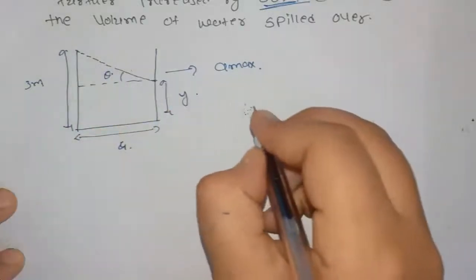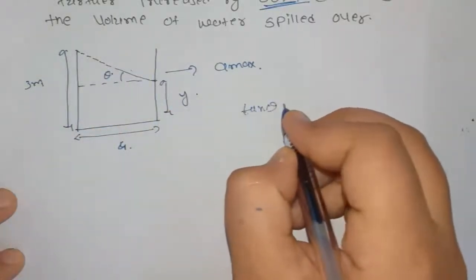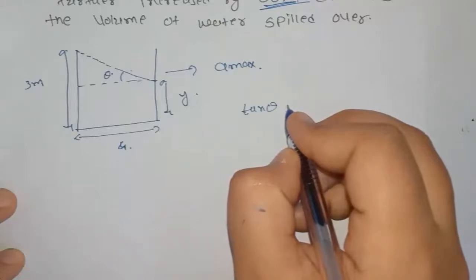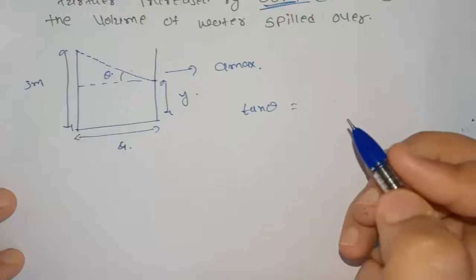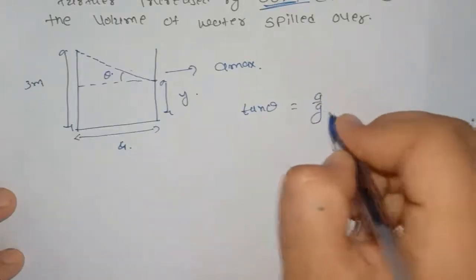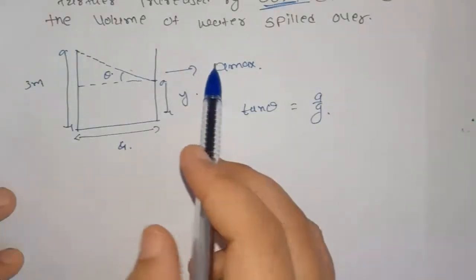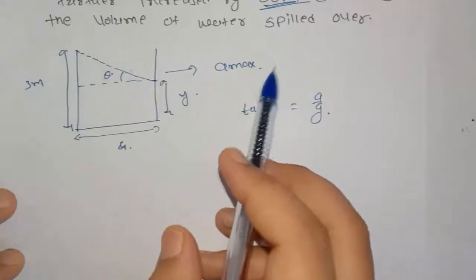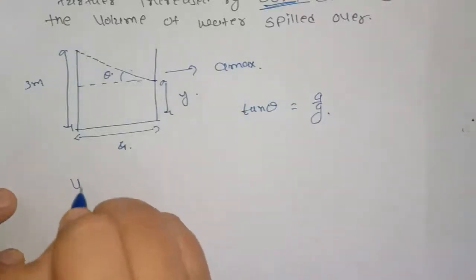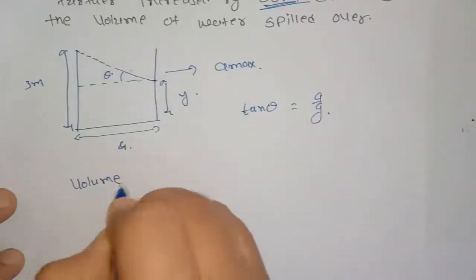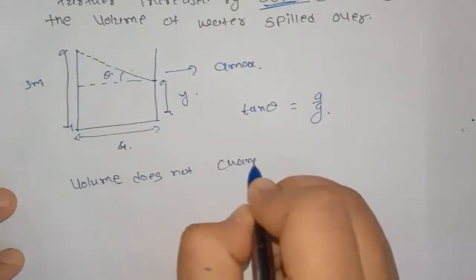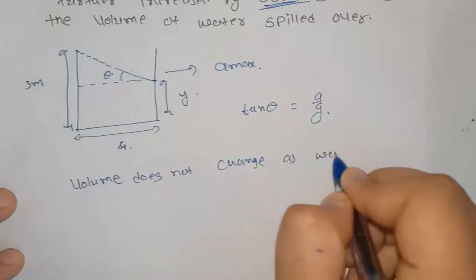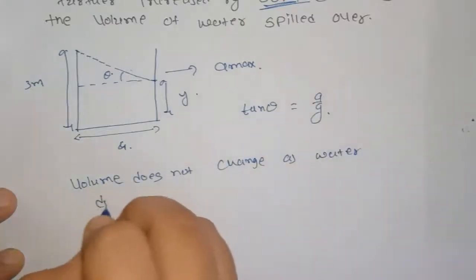We can write tan theta is equal to a by g. Here it is the maximum acceleration, so that volume does not change as water does not spill.